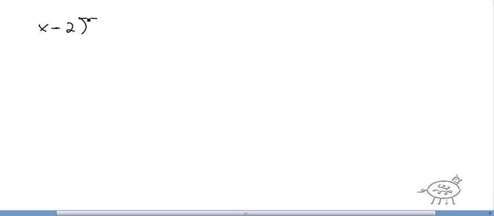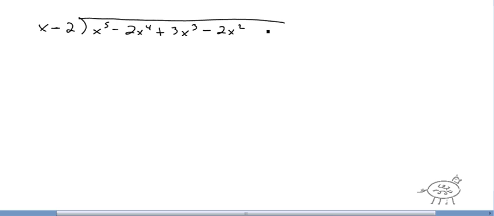So it's x minus 2 divided into x to the 5th minus 2x to the 4th plus 3x cubed minus 2x squared plus 5x minus 1. Looks brutal, but again, we're going to go pretty fast through this now. What times x is x to the 5th? X to the 4th.